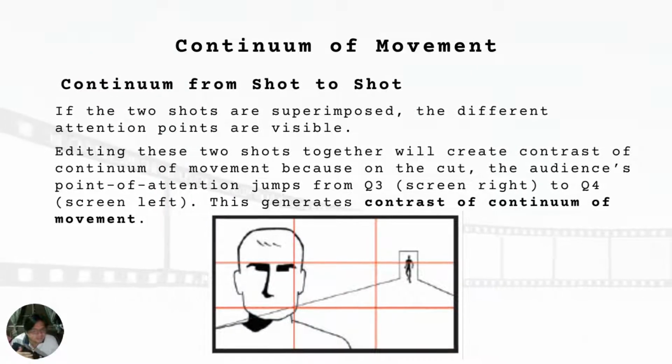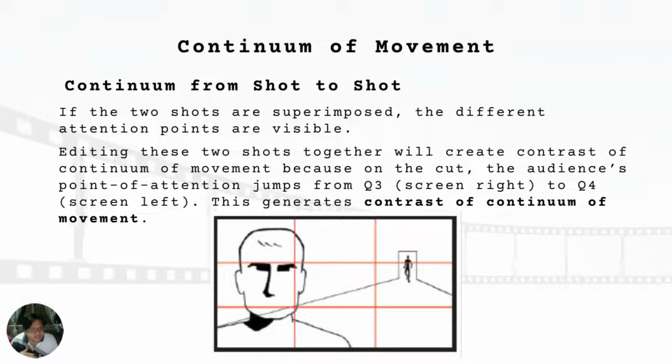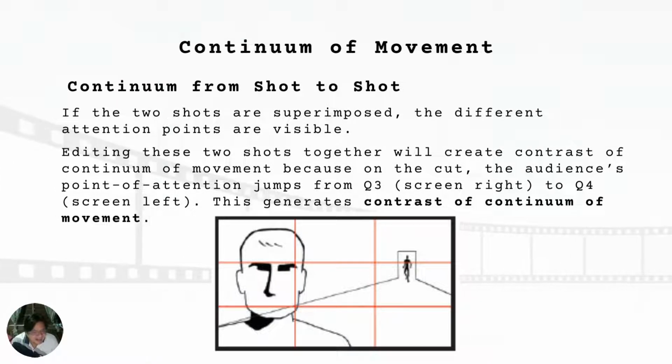If the two shots are superimposed, the different attention points are visible. So again, first shot, right quadrant, and then cut to the next shot, which is the left quadrant. So there is a separation.